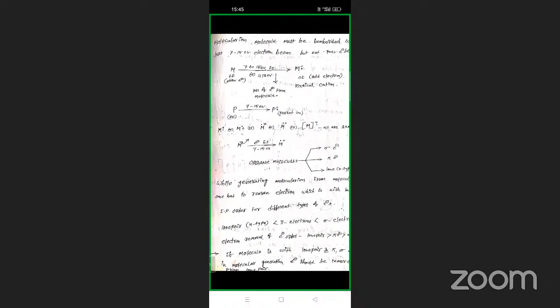What is ionization potential? The energy required to remove the outermost shell electron is called the ionization potential.